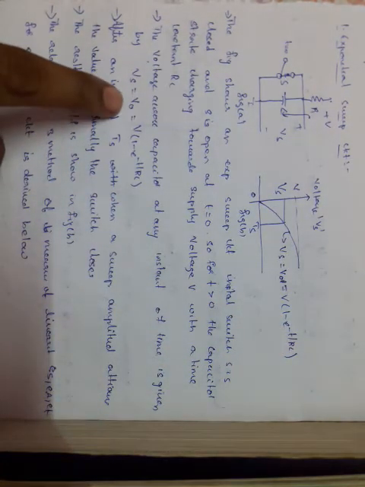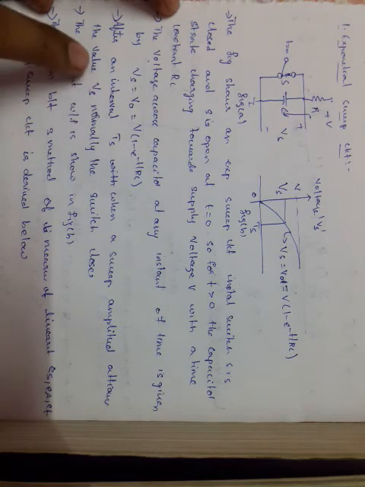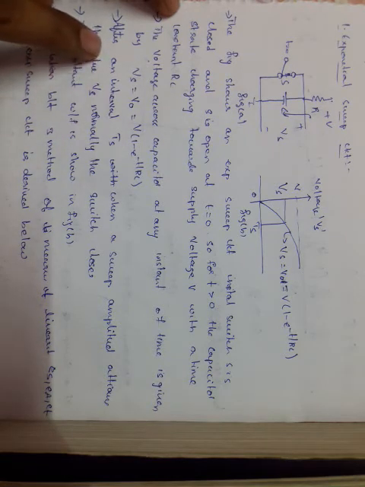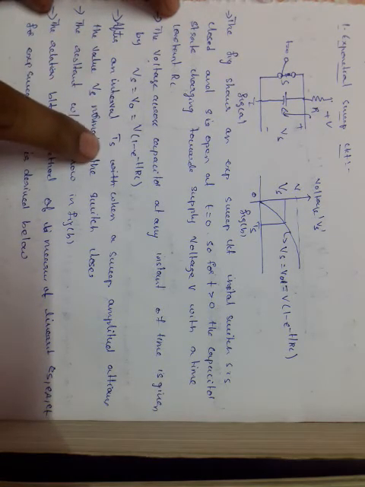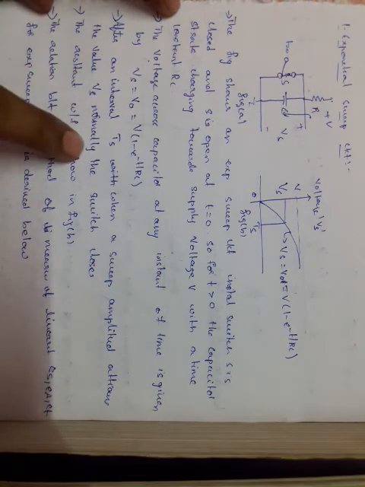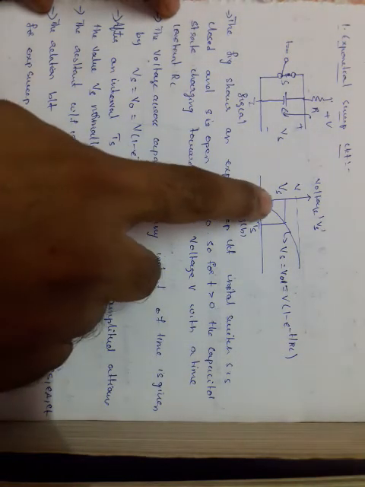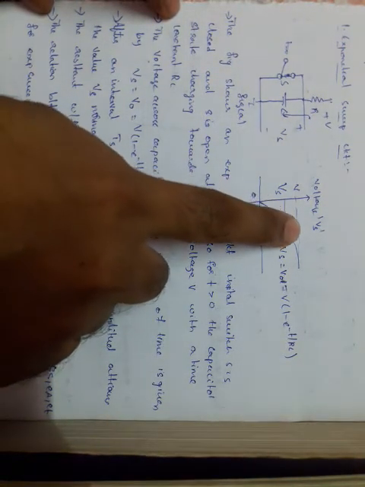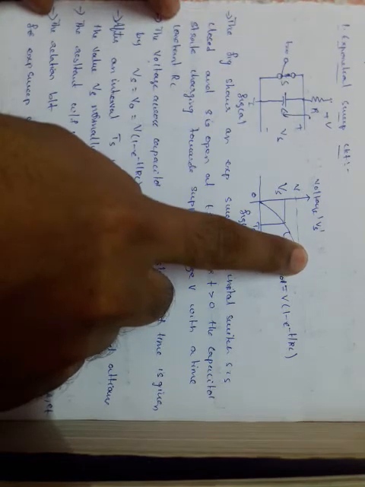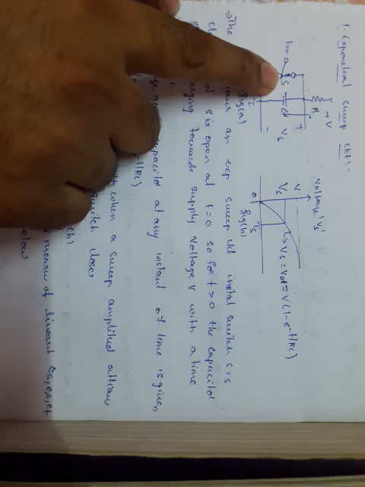Already we know that this is the standard formula. The next point is, after an initial time Ts, when the sweep amplitude attains the value Vs, the switch S is closed. That means at a certain level it is increasing, and then the switch S will be closed.